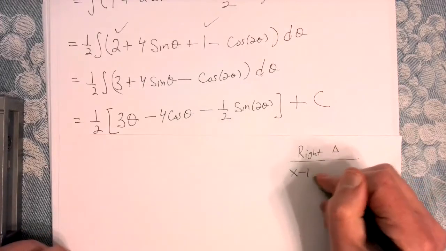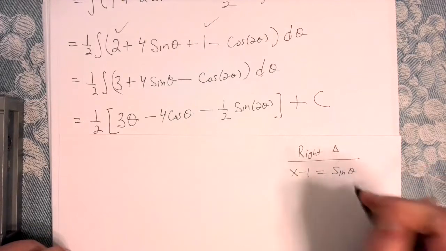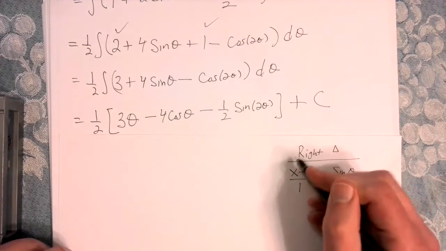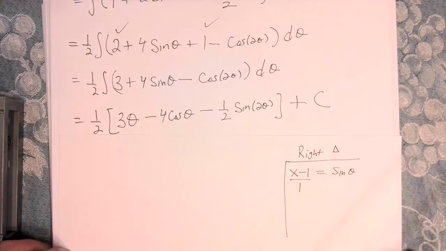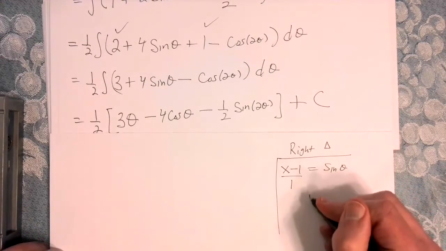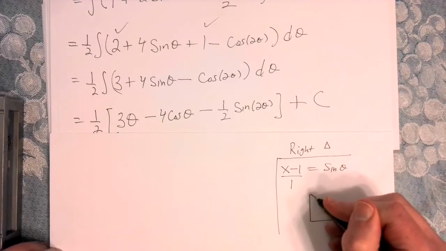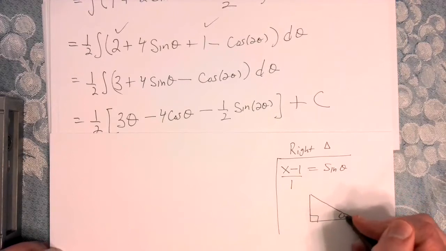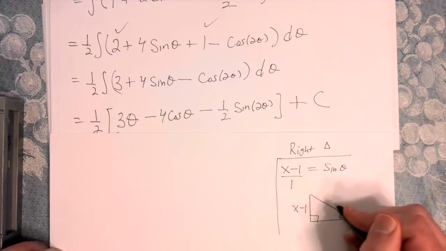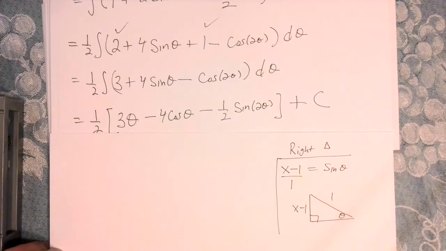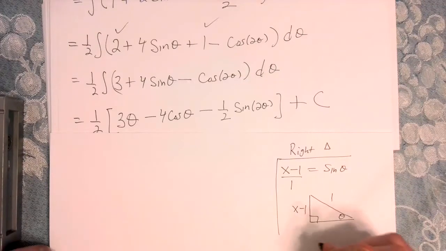Okay, so we've got x minus 1 equals sine of theta from our original substitution. Put that over 1 because you want to form a right triangle. So now you're in a position to form a right triangle because sine of theta is equal to opposite over hypotenuse. At that point, you can use the Pythagorean theorem to find the missing side.